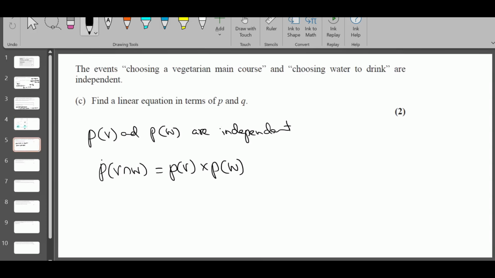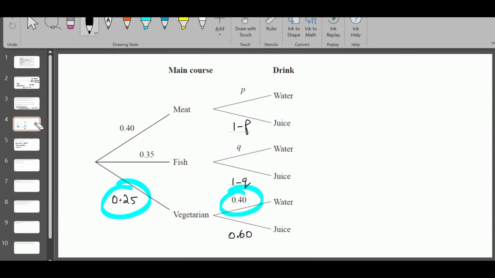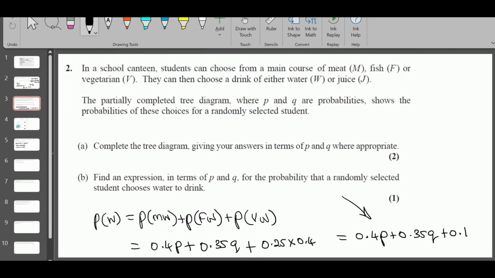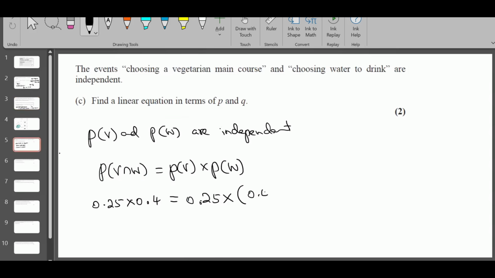So 0.25 times 0.4 is equal to P of V, the highlighted one, 0.25, times P of W, which we calculated in the previous part: 0.4P plus 0.35Q plus 0.1.